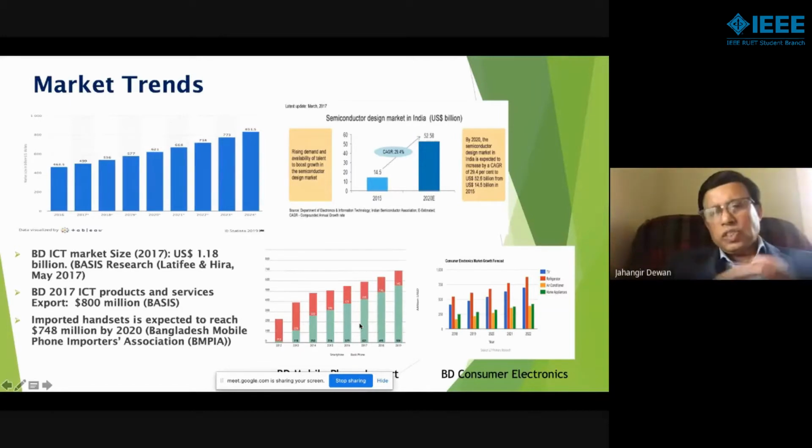Why am I talking about handset import and other consumer electronics in Bangladesh? See how much we are importing, and what is locally produced is very little. And every one of the devices has electronics in it. If we design there, some of the electronics can get into those devices for sure. So there is a big gap between our import and what we are producing in the electronics sector in Bangladesh.